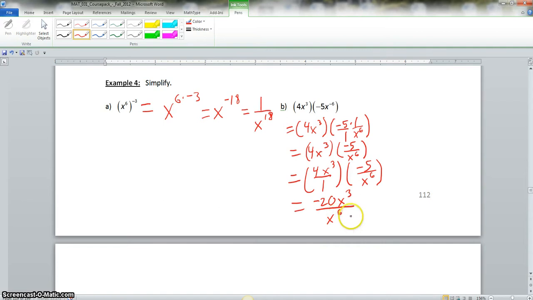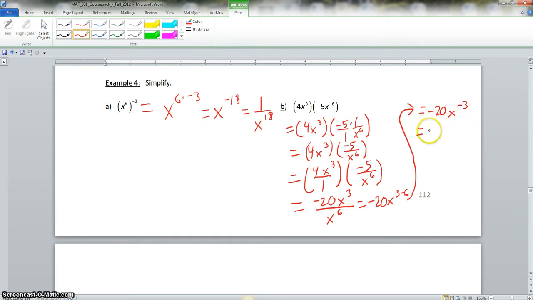Now, we have a little bit of an issue here. We could still simplify these exponents. But we'll write our negative 20. Our base is x. And we'll have 3 minus 6. Now, let me draw this little arrow here because we need some more space. So we had negative 20, and then we would have x to the negative 3 power.